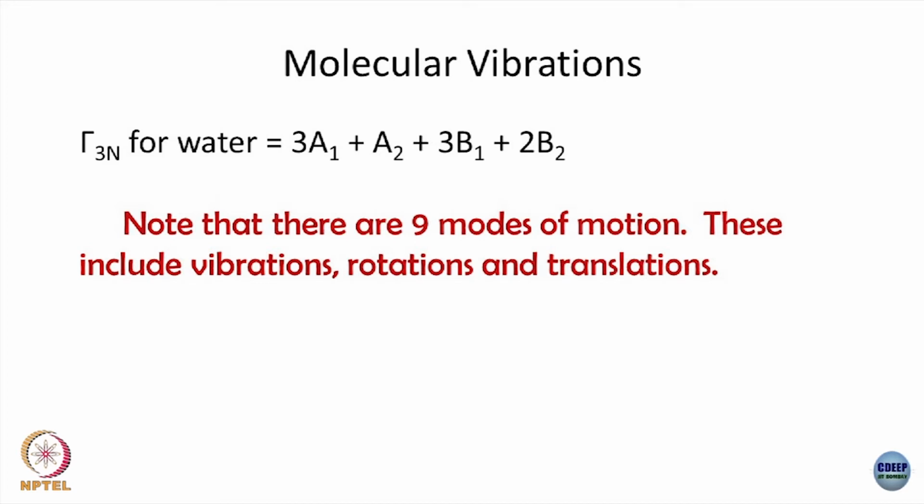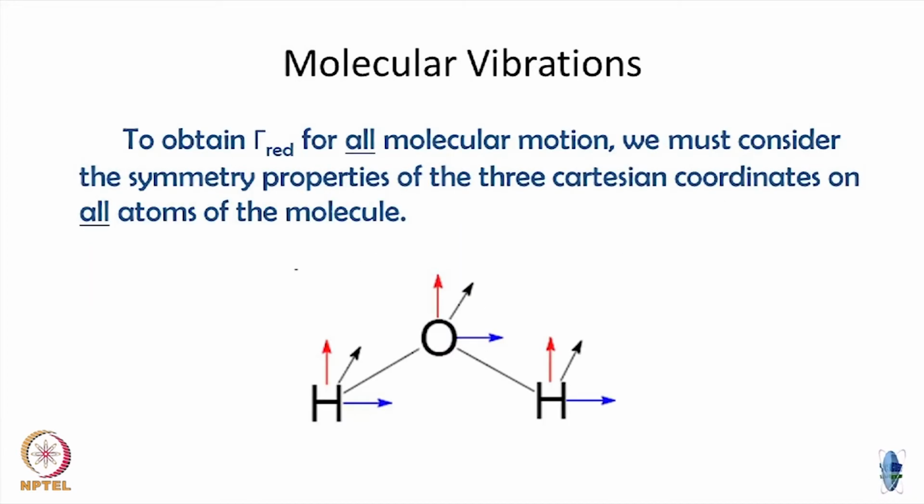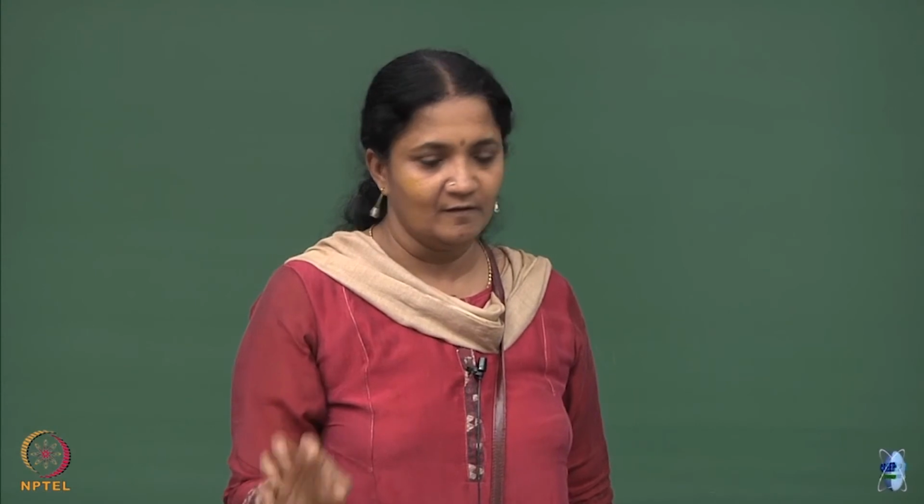Why 9? Because finally I am going to take these as the degrees of freedom, right. X, Y, Z for atom A, X, Y, Z for atom B, X, Y, Z for atom C. So, when you do an identity operation, X, Y, Z will go to X, Y, Z. Okay. So, 3 times 3, which will be 9.